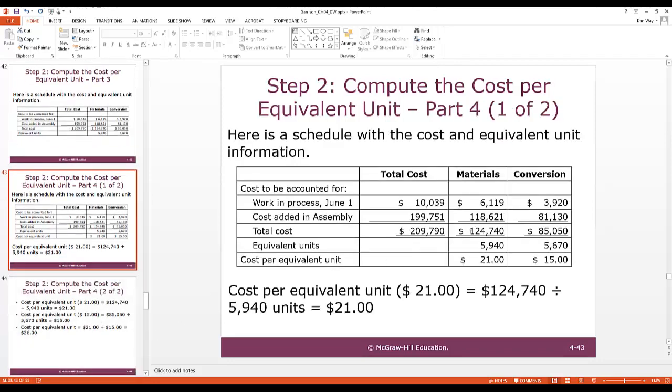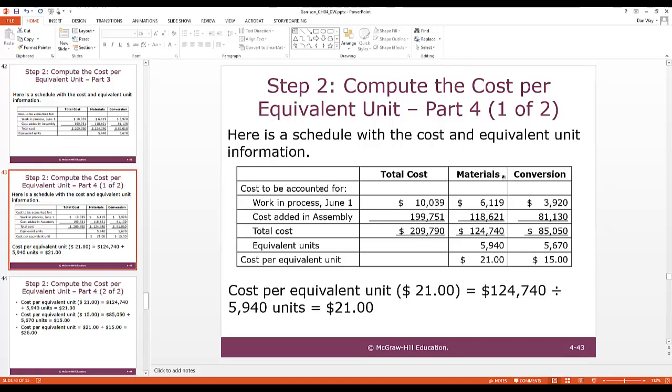So our final calculation then is total cost within each category, materials and conversion, divided by those total equivalent units of production within each category to get our cost per equivalent unit with respect to materials and conversion separately. So in the case of materials, that comes out to $21. In the case of conversion, that comes out to $15.